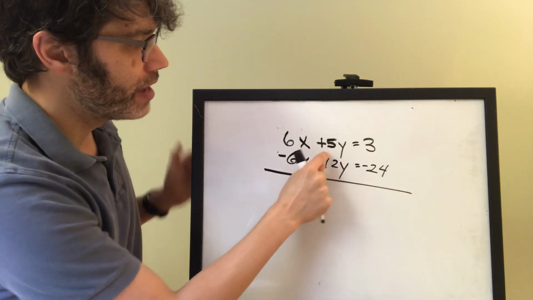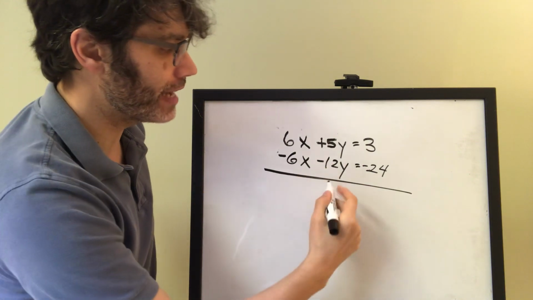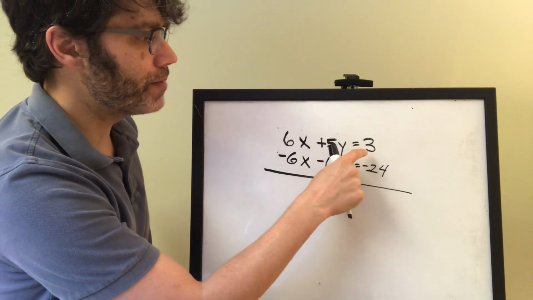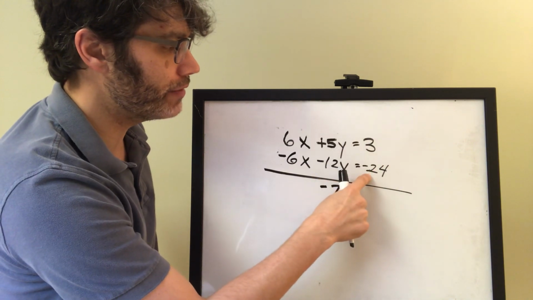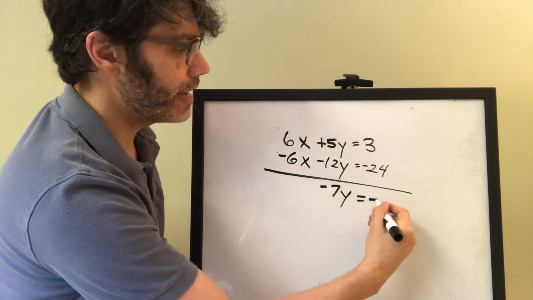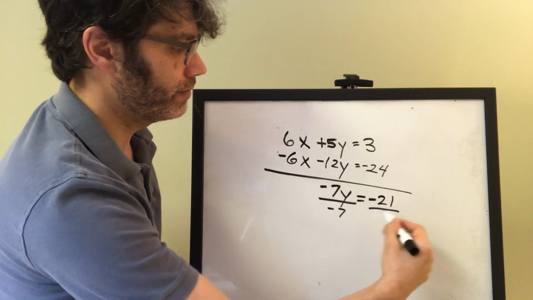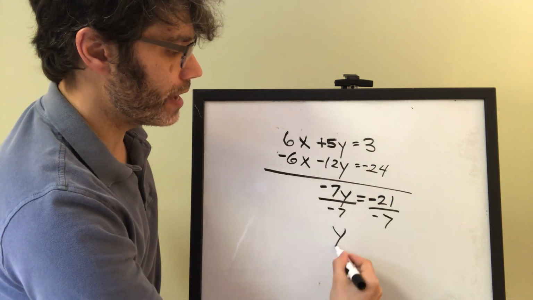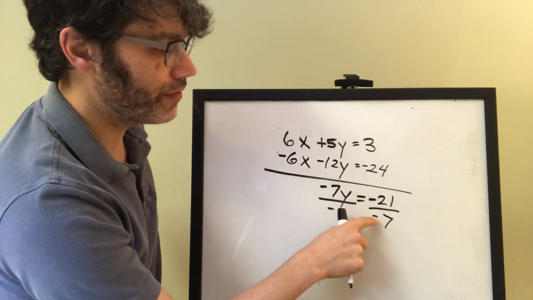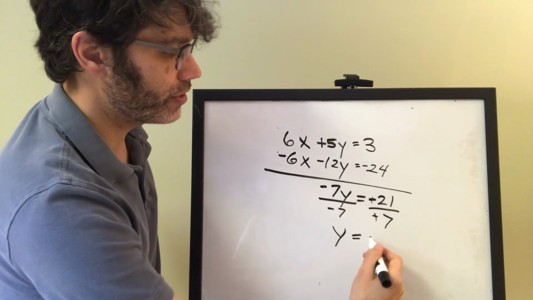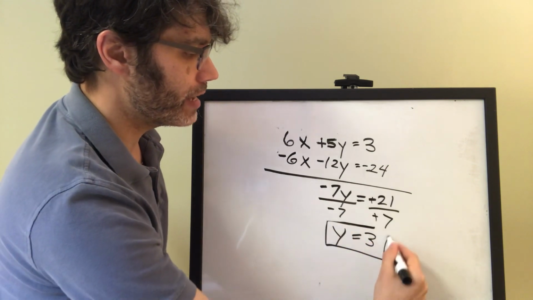Great, so these drop out. 5 plus negative 12 is negative 7, so negative 7y. And positive 3 plus negative 24 is negative 21. Now I divide both sides by negative 7, and y equals, so negative over negative makes a positive, and 21 over 7 is 3. So y is 3.